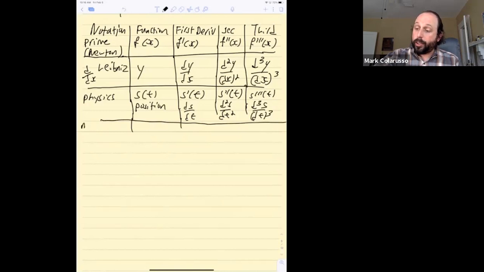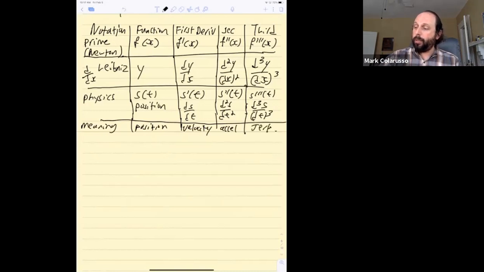And the meaning of this is: position, velocity, and this is acceleration, and this is jerk.